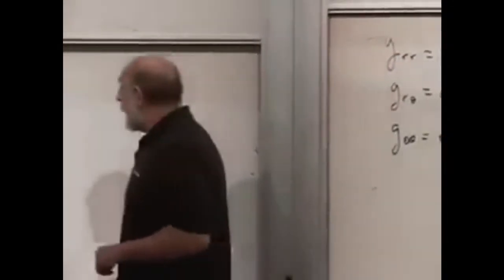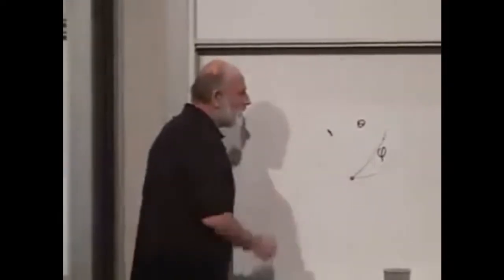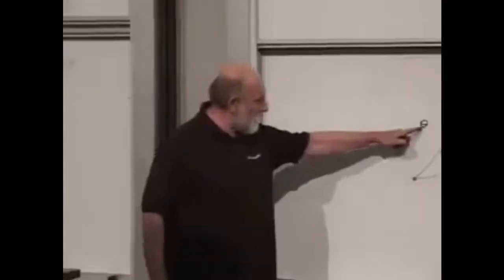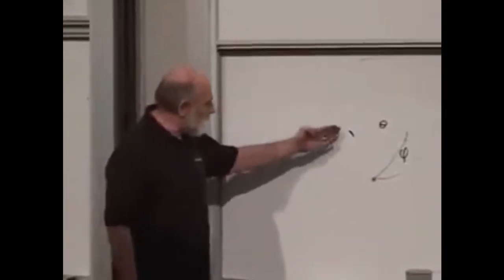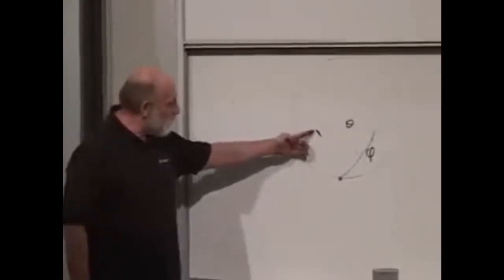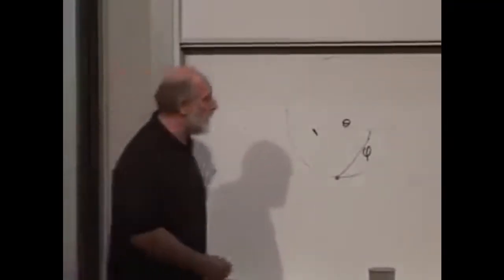And now you can take any small vector or any small interval. The small interval is characterized by a d theta and a d phi, and you can write down the distance from one point to another using Pythagoras' theorem on the sphere, and I'll write down the answer for you.